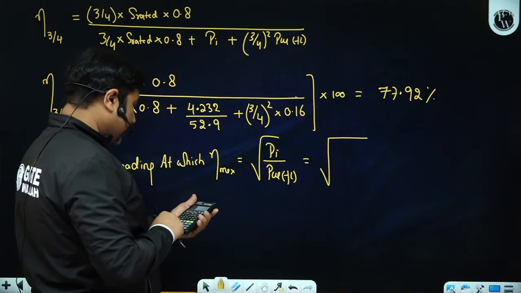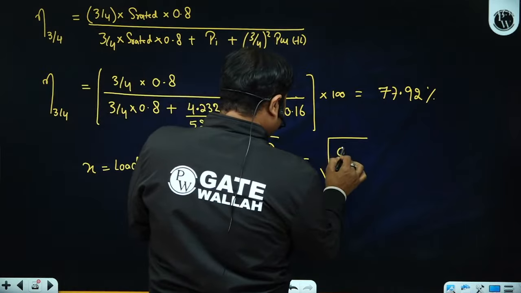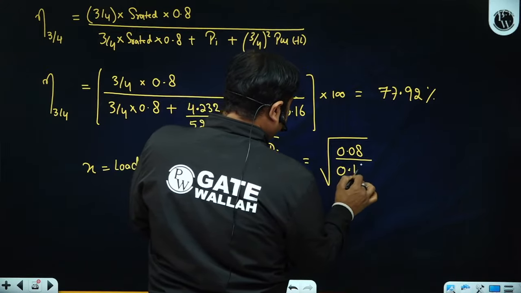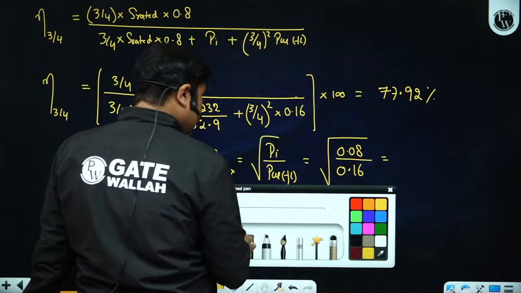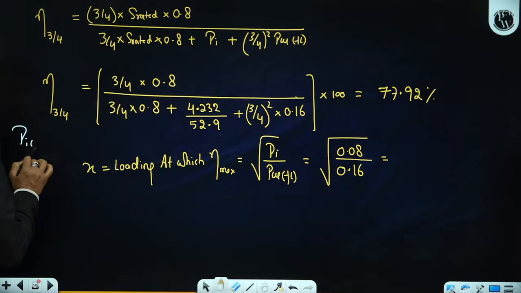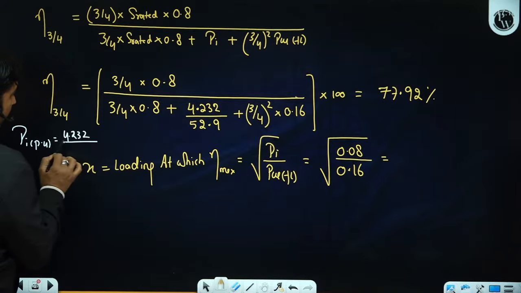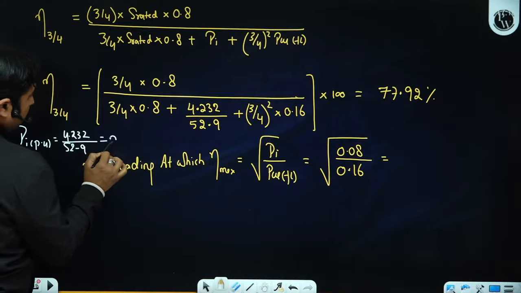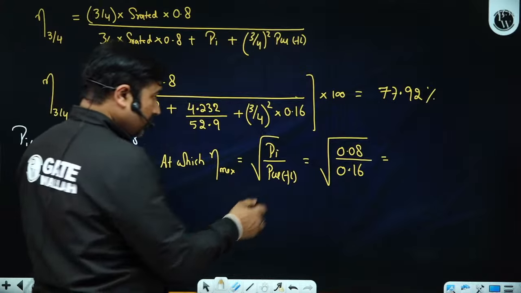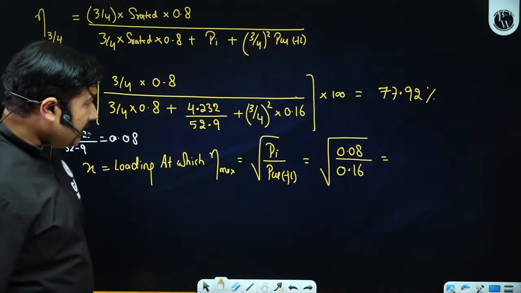So 4.232 by 52.9, this Pi is 0.08 in per unit, upon PCU FL which is 0.16. You can also use this way. Is it okay? So Pi in per unit is 4.232 by 52.9, that is 0.08 only. Is it okay? Because for both, your base rated is the same.